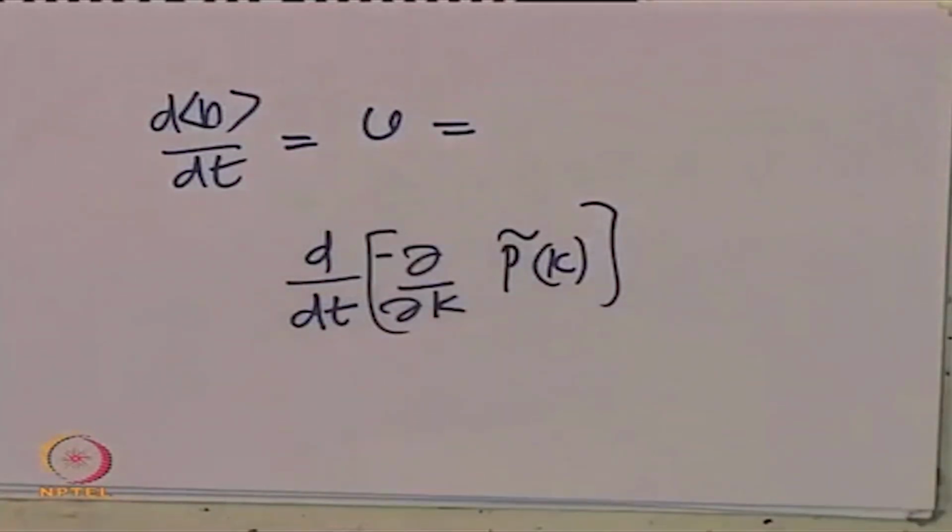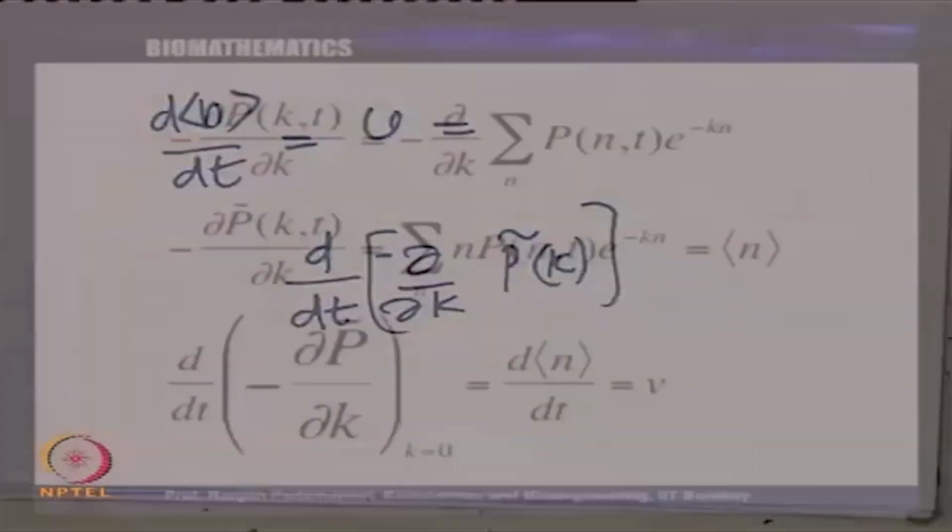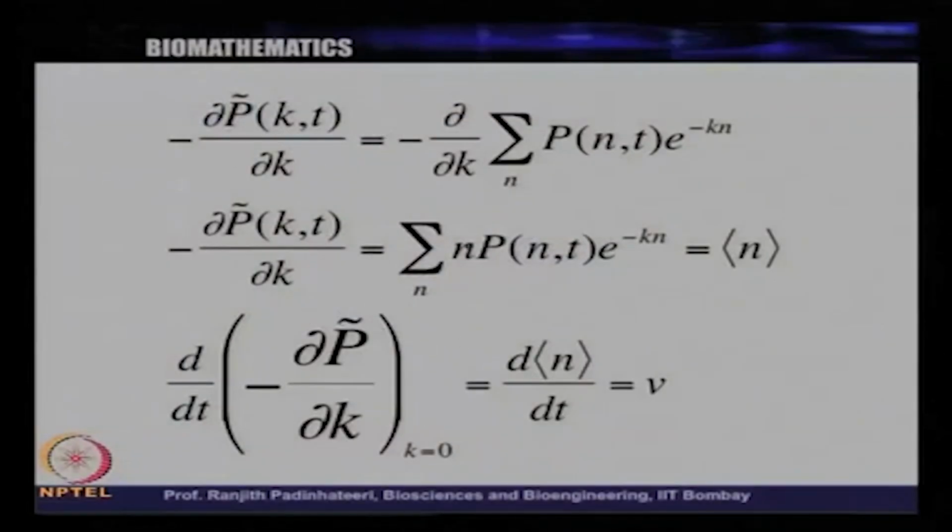So, if we define the velocity in this particular way, we can write d by dt of del p tilde by del k at k equals 0 as dn by dt, and this will give you velocity. If you find one derivative with respect to k, what you essentially get is n p n t power minus k n, and if you evaluate this at k equals 0, it will give you n average.